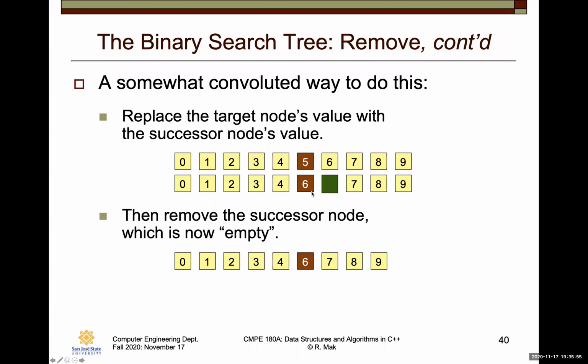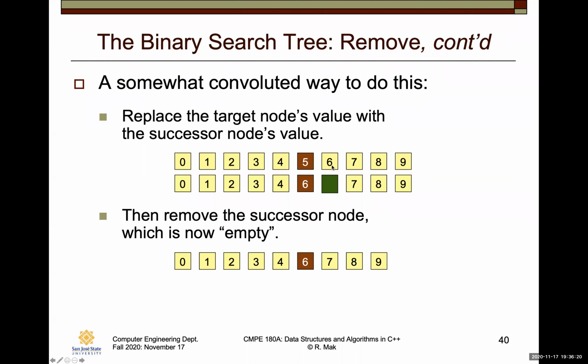Now what used to be 6 is considered to be empty, and then we remove the empty node. Once again, the steps are: we want to remove the 5, so we find the next node in the sort order, which happens to be the 6.